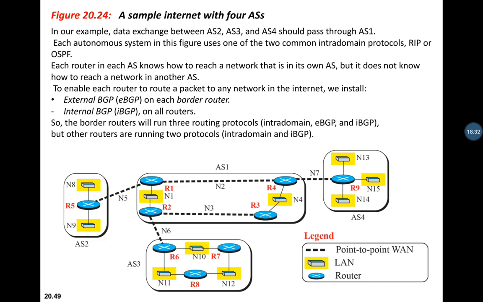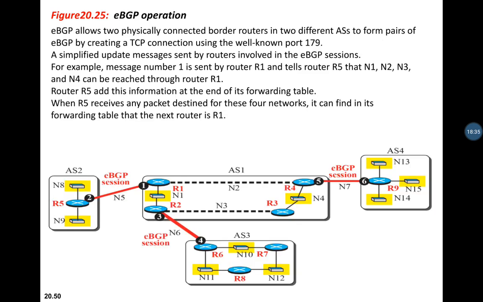So here let us see the operation of eBGP, which is said to be a point-to-point protocol. Here you can see that the 2 routers that run the BGP processes are called BGP peers. And we discuss update messages that announce reachability of the network. eBGP allows 2 physically connected border routers in 2 different autonomous systems to form a pair of eBGP speakers and exchange messages, which are said to be eBGP sessions.